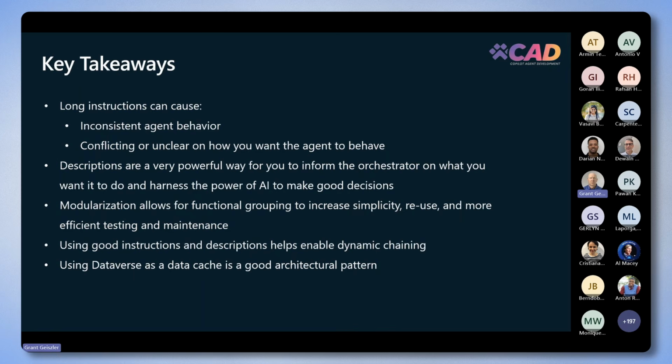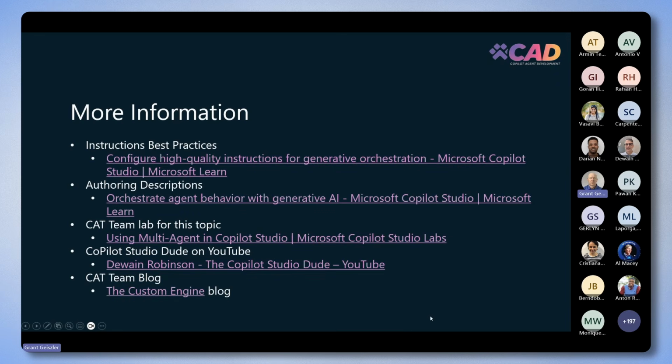The last thing I want to do is highlight a couple of things. The instruction best practices: there's a blog, a document written by some of the folks on our team, on how to write high quality instructions for generative orchestration. I would suggest looking at that.